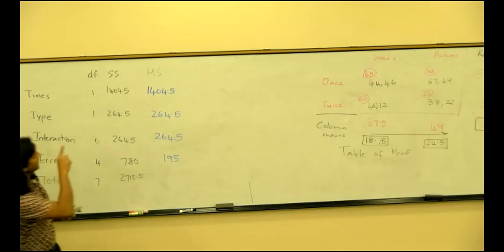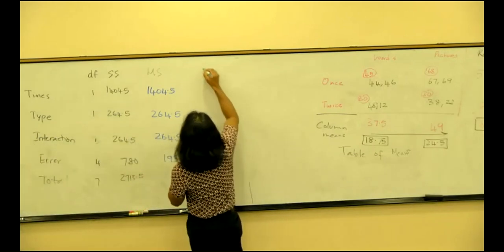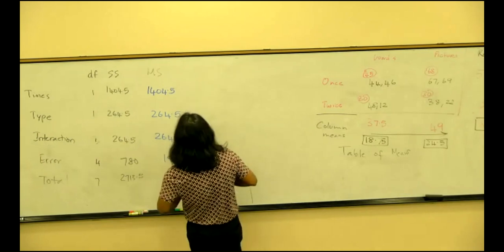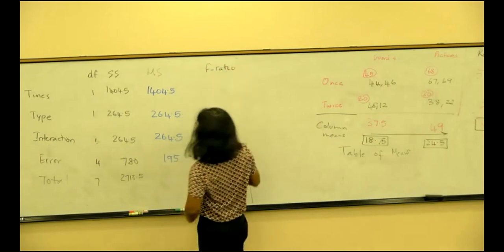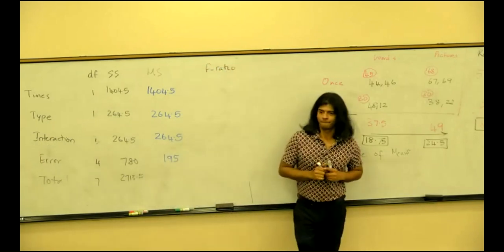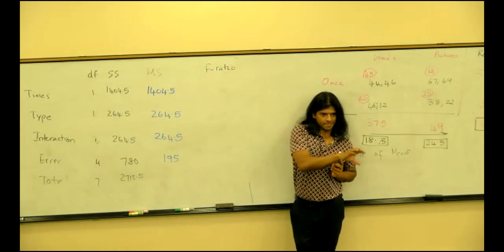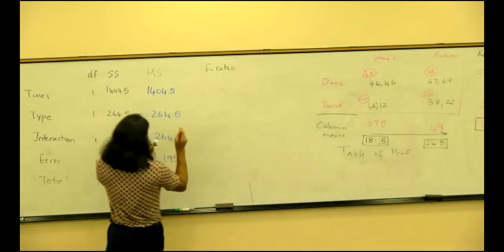How did we find last time the F test statistic or F ratio? Do we recall? MS between divided by MS within. So, same thing.